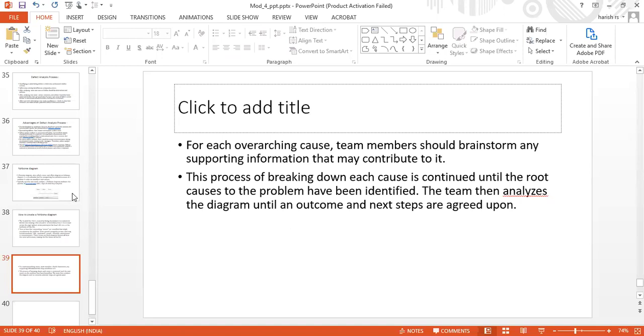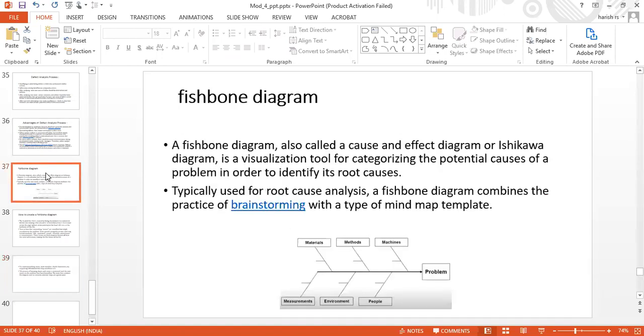So what is a fishbone? Why is a fishbone designed? It is to identify the causes or the root causes of the problem that we are facing. It is a visualization tool used for listing the causes or the root cause of the problem. How to draw it, we have seen here.